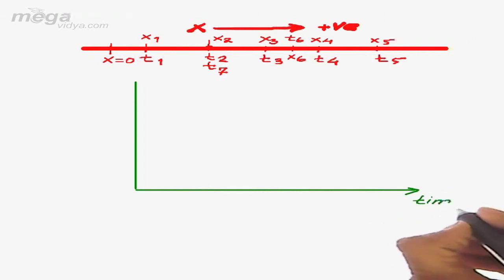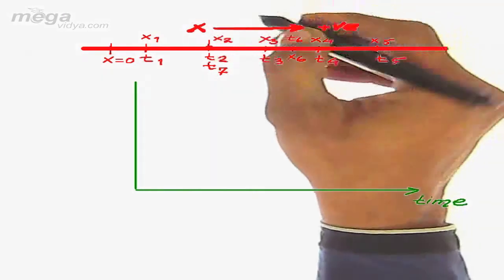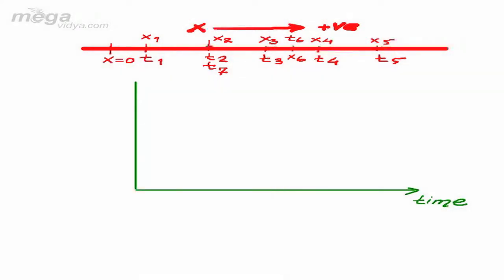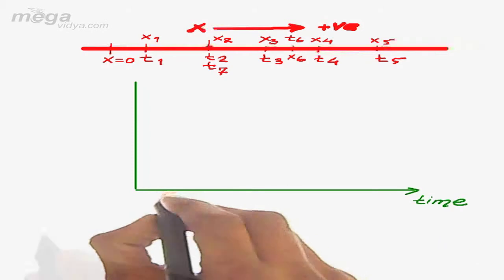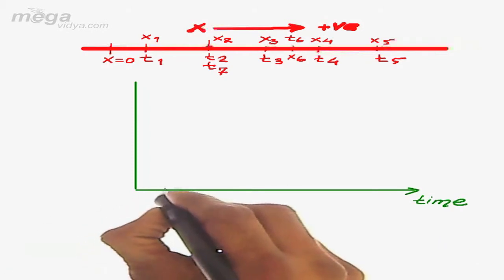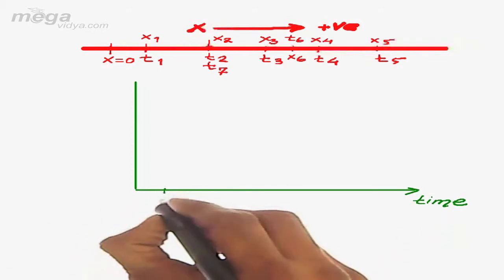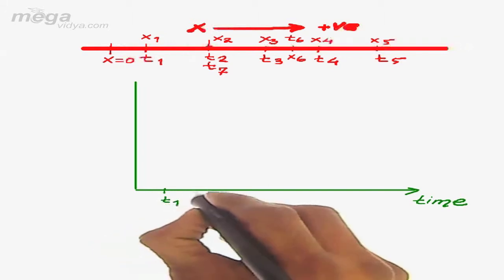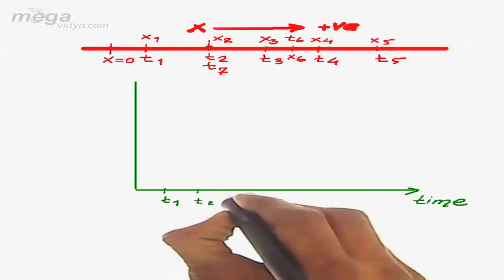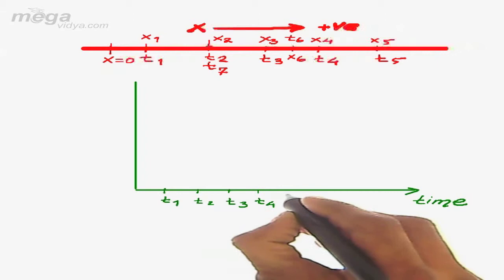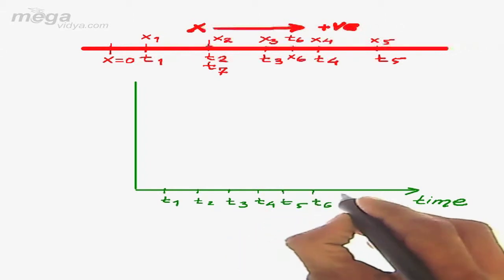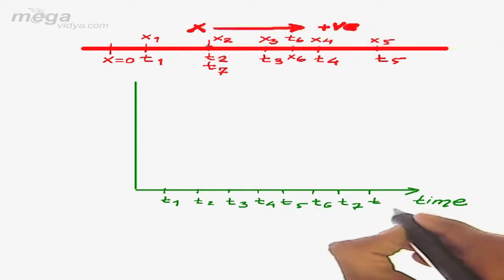The times which I have marked here as t1, t2, t3, t4, t5 up to t7. So I am just marking these times on this time axis. Say t1 is here, t2 is here, similarly t3, t4, t5, t6, t7, t8 and so on.